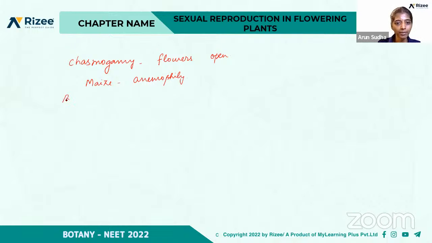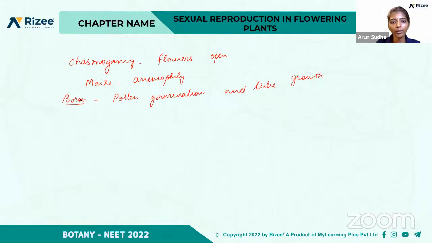Boron is actually involved in pollen germination and tube growth. And the optimum temperature for the formation of the pollen tube is 20 to 30 degrees centigrade. Okay, so boron promotes pollen germination.